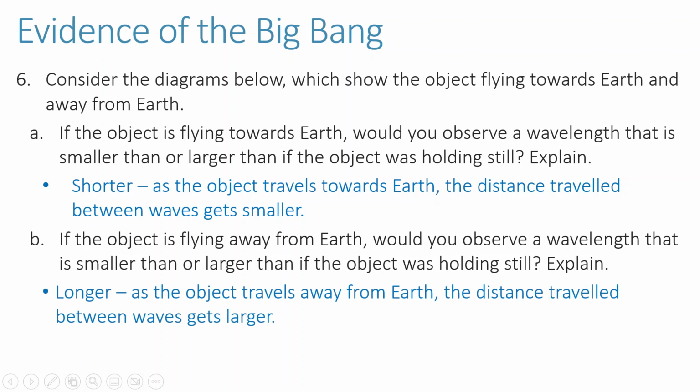If the object is flying away from Earth, we would expect to see a wavelength that is longer than what it would be if the object was holding still. As that object travels away from Earth, the distance between waves is going to get larger. So we have that lengthening effect.